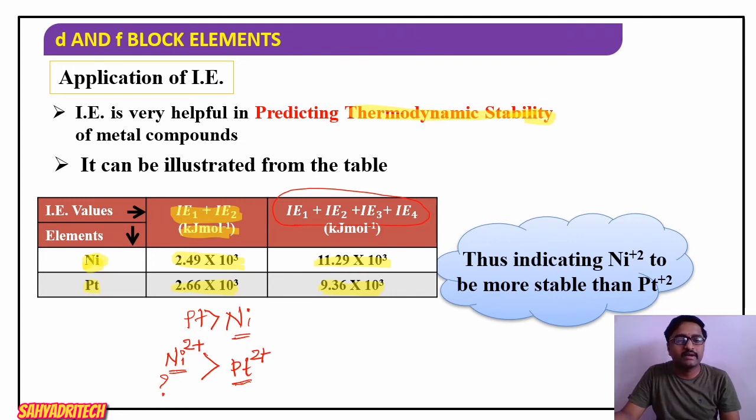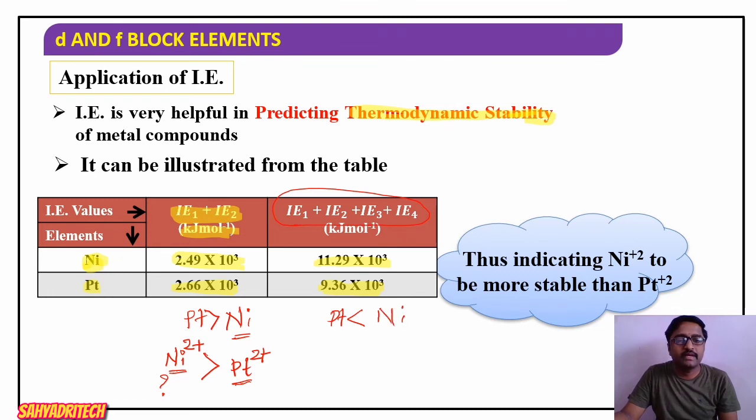Now here platinum is going to have less ionization enthalpy compared to nickel. So platinum is having less ionization enthalpy than nickel.